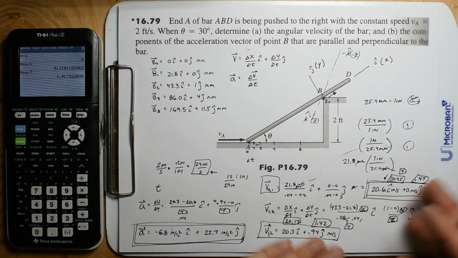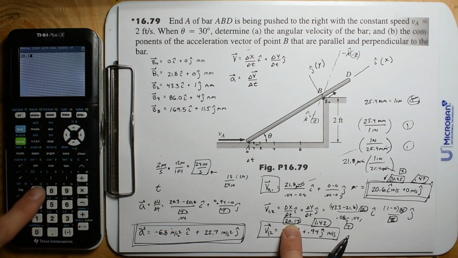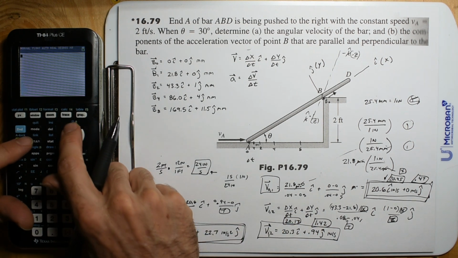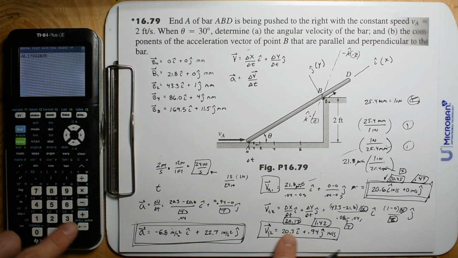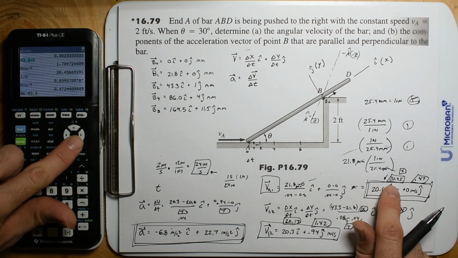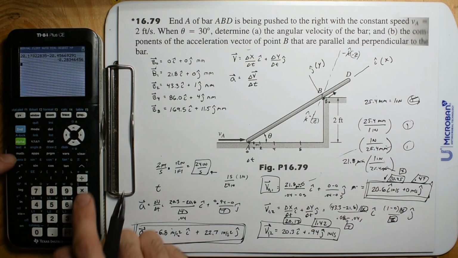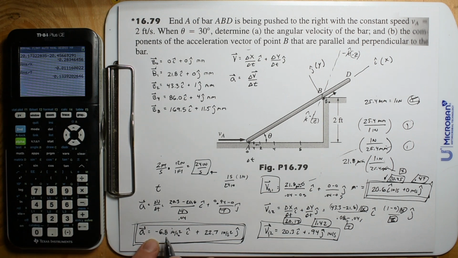Okay, so now we do have a change. So we're going to have 20.17, but we can actually get these pretty accurate. So we can get this one minus 20.45, divided by x divided by delta t. So we get an acceleration.